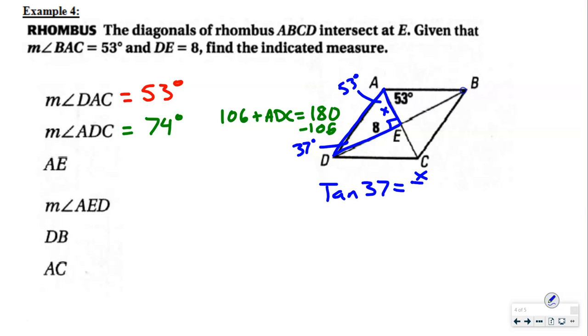That would be x over 8. X would be my opposite side from 37. 8 is the adjacent side to 37. And then to get x by itself, we multiply by 8 on both sides. And you just need to punch that into your calculator.